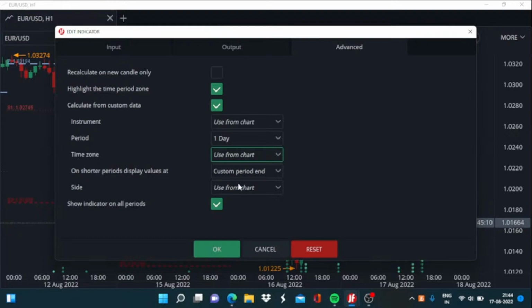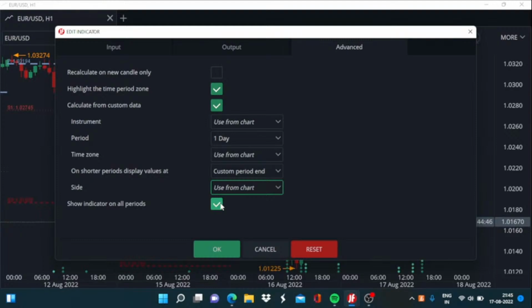Local time zone can also be used. On a shorter period, you can opt for these four options for values to be displayed at the end, start, middle, or each channel period. The spread side can be ask or bid, and there will be a slight difference in the plotting of the output value considering the spread side.